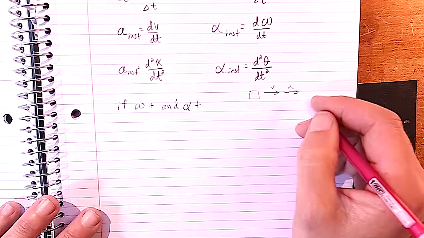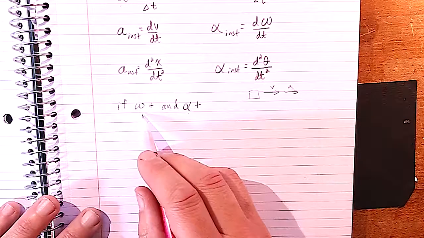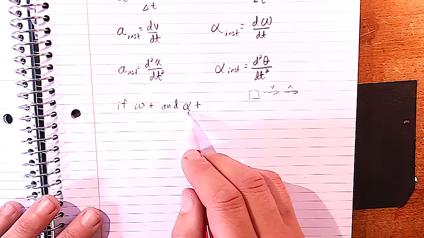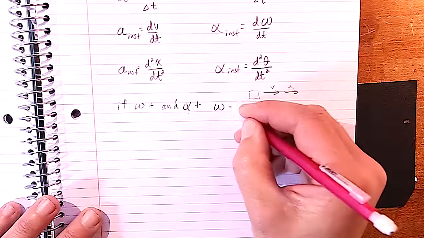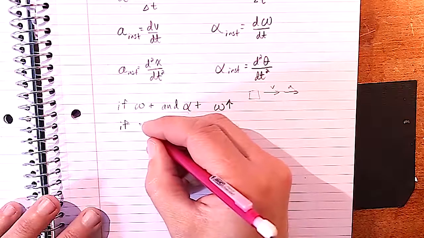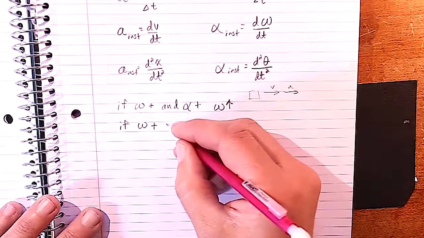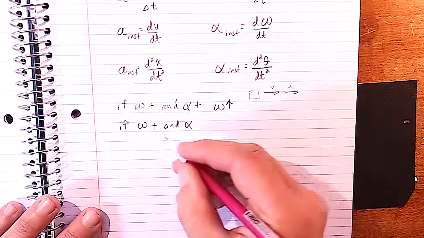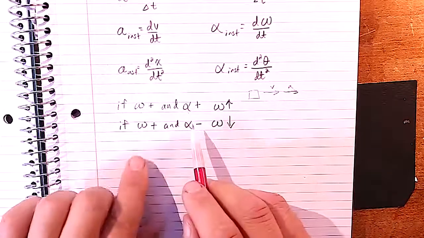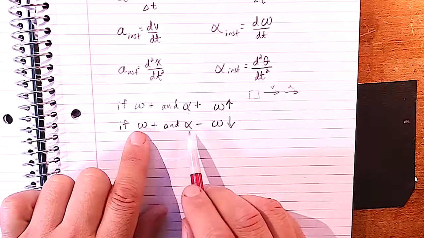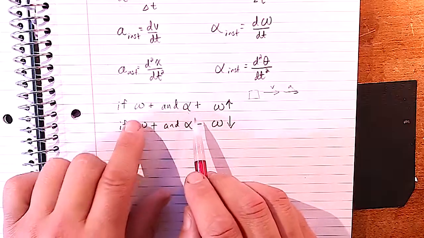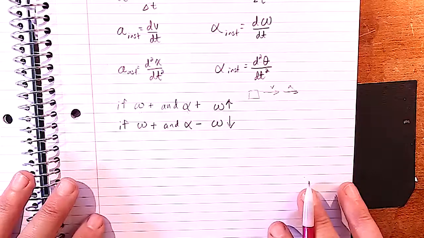They're in the same direction, so they speed up. So what happens when the angular velocity and the angular acceleration are the same? Well, then we have an increase in angular velocity. And therefore it makes sense that if omega was positive and alpha was opposite of this, negative, then omega would decrease. So the main idea here is when omega and alpha are opposite, it slows down, and when alpha and omega are in the same direction, they speed up.